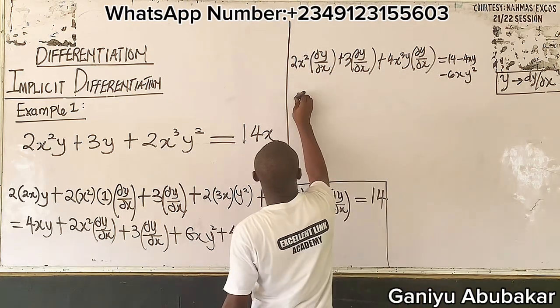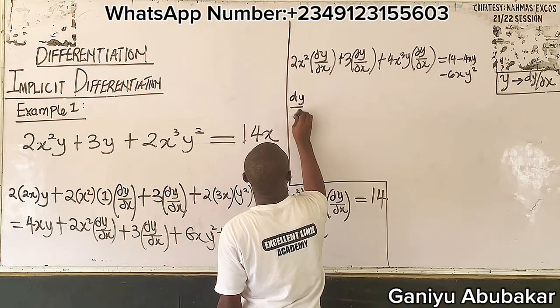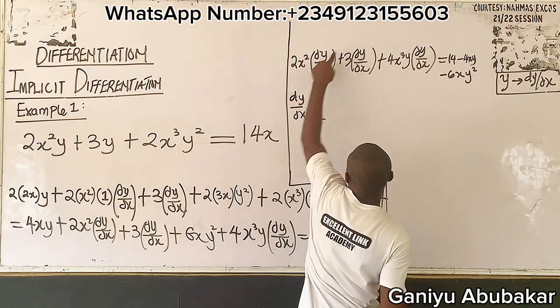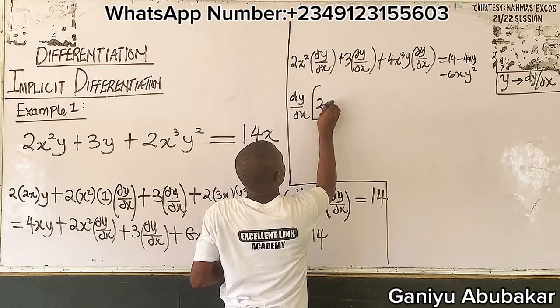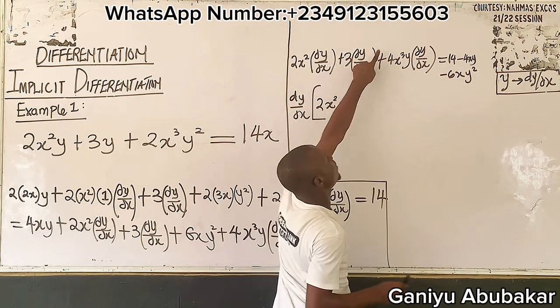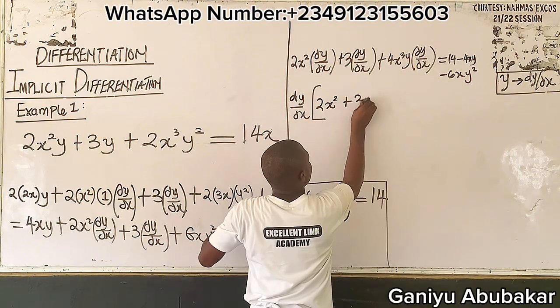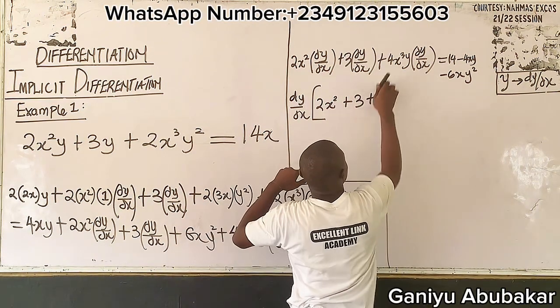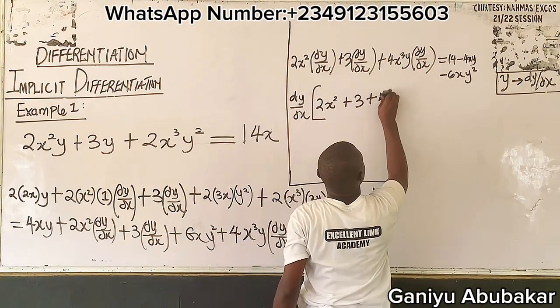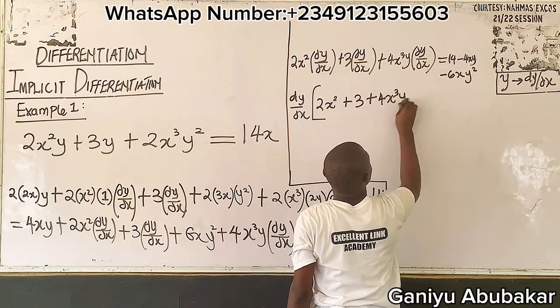Bring out just the dy over dx and open a bracket this way. This divided by this, I'll have just 2x squared left, plus this divided by this, I'll have just plus 3 left, plus this 4 plus this divided by this, I'll have just 4x cubed y left.